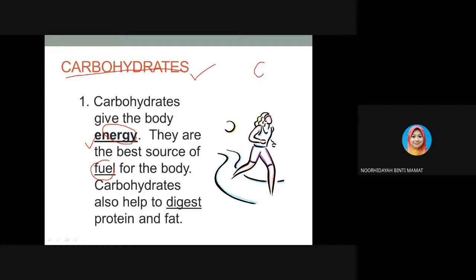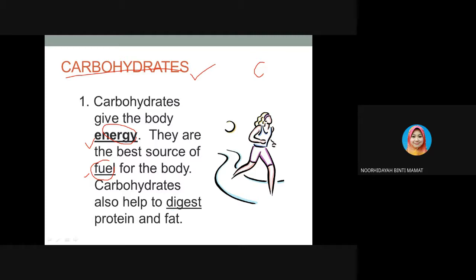As I mentioned, the importance of carbohydrates is that they serve as energy, are the best source of fuel for our body, and help to digest protein and fats. You know the digestive pathway in our body involves enzymes. The enzyme in our saliva begins the process to digest the protein and also the fat. We also have pepsin in our stomach, and we have lipids extracted from our small intestine and pancreas.